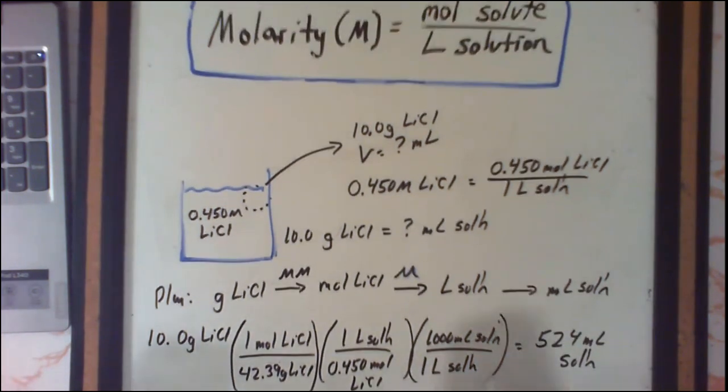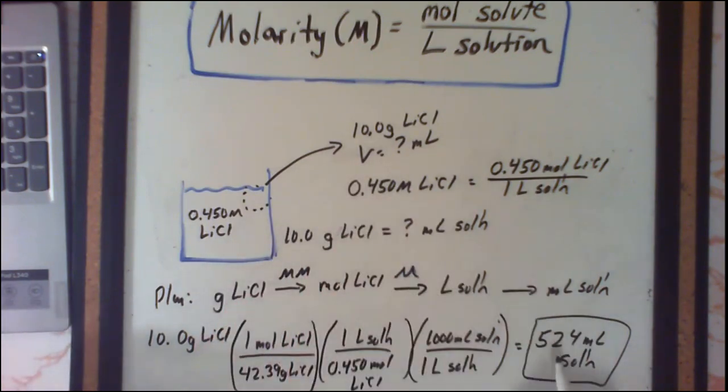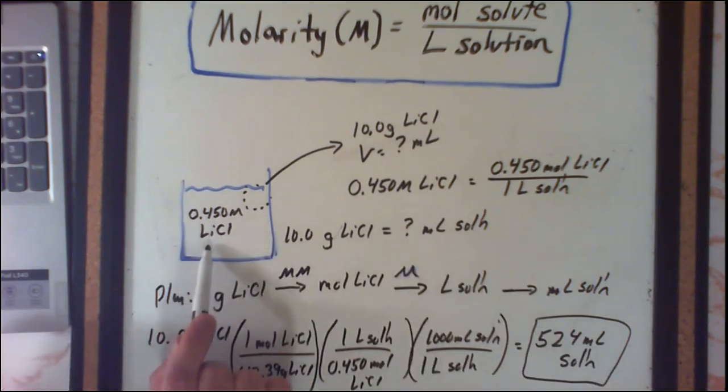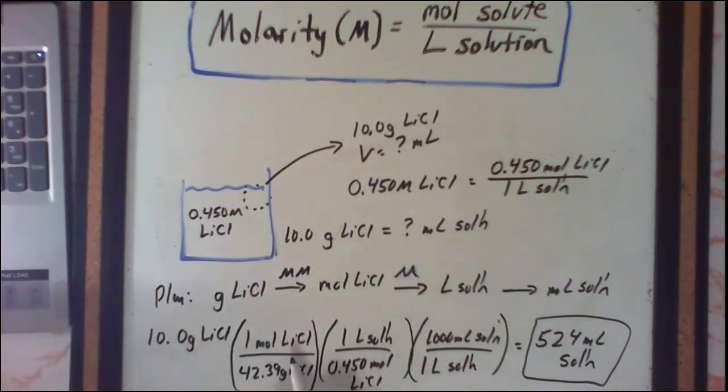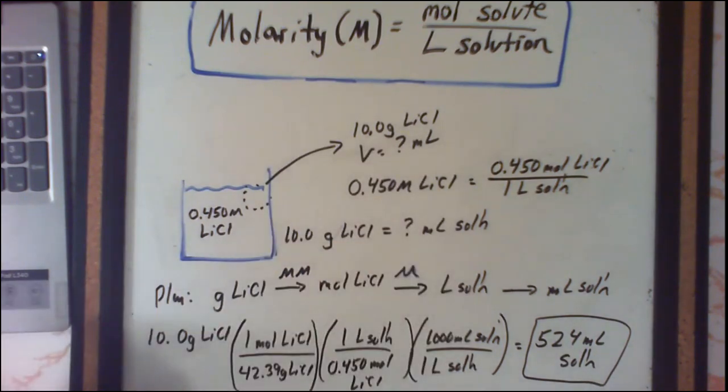So if my question is what volume of this solution do I need to give me 10 grams of lithium chloride, I'll need about 524 milliliters of that solution. Because in 524 milliliters of a 0.45 molar lithium chloride solution, I have enough moles of lithium chloride to equate to 10 grams of lithium chloride.